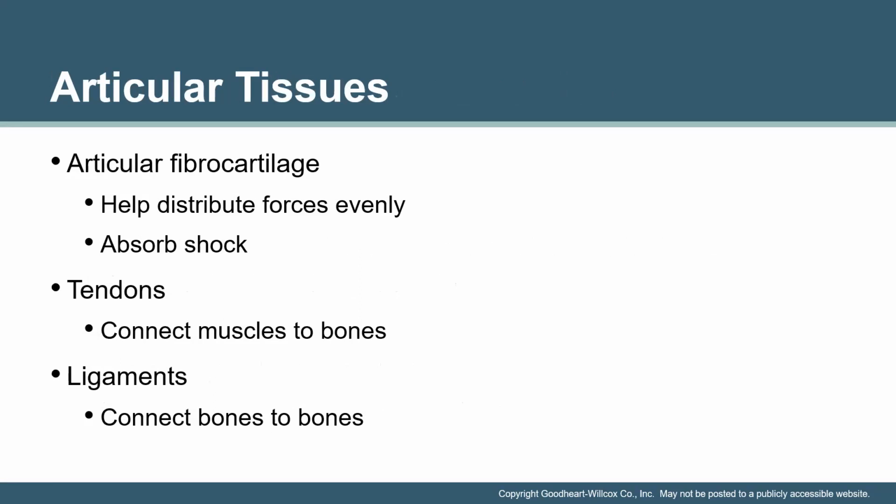I've already mentioned that tendons connect muscles to bones and ligaments connect bones to bones. But when we're talking joints and other articular tissues, we have articular cartilage. Articular fibrocartilage will help distribute forces and help absorb shock. Now, this can be a disc or a partial disc, which is called a meniscus.